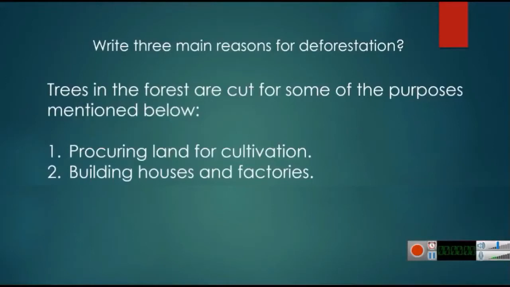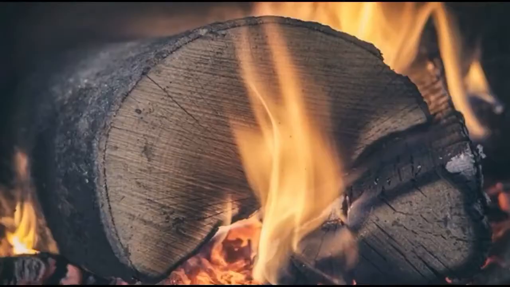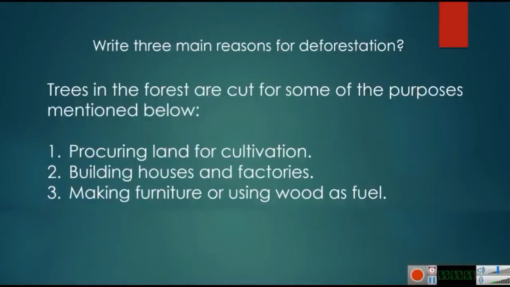And the third point is to make furniture. Wood is used. And wood is also used as a fuel. So the third point is making furniture or using wood as a fuel. So these are the 3 main points why the deforestation is going on.